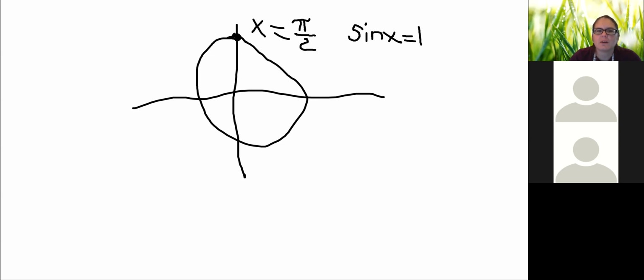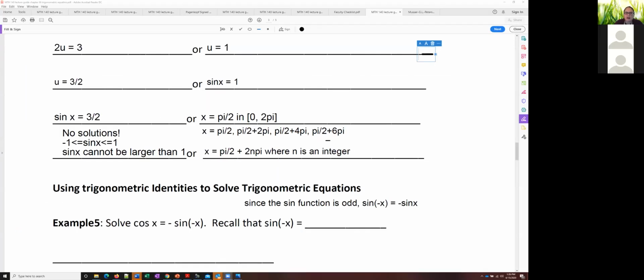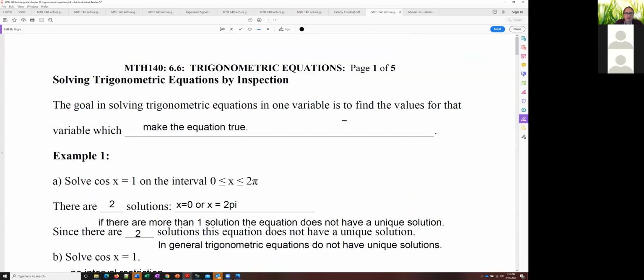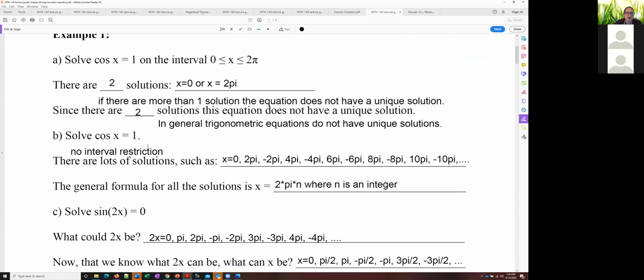Okay, so I'm going to go back over to my other screen. Yes, we've got infinitely many answers. So let's take a look at my previous answers. On my first problem, I was solving cosine x equals 1. I saw that there were a lot of places on my circle where cosine of x was equal to 1.